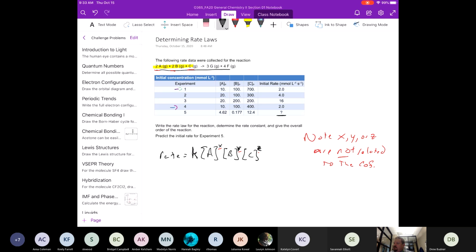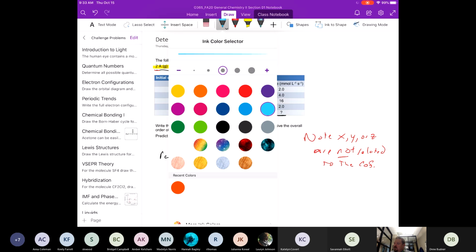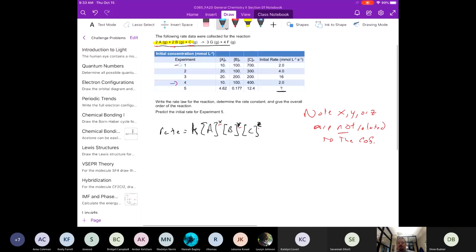And when we do that, we are going to essentially set up a ratio, right? Since this is the larger number, I'm going to put that one on top. So rate of experiment 1 is equal to the rate constant of that experiment times the concentration of A in experiment 1 times the concentration of B in experiment 1 times the concentration of C in experiment 1.